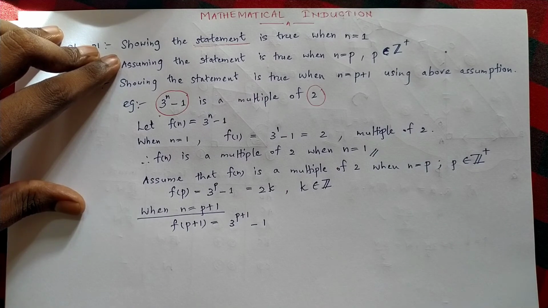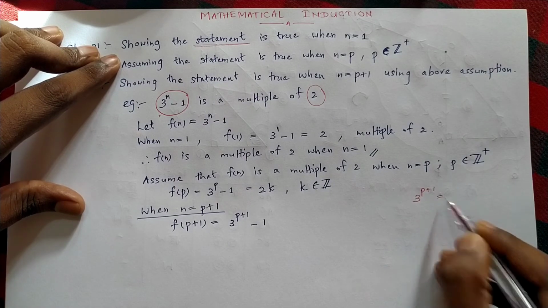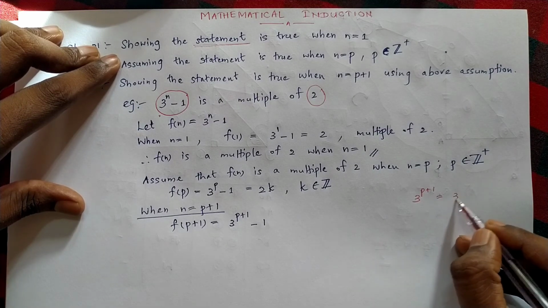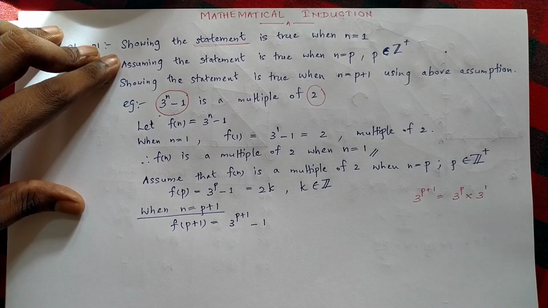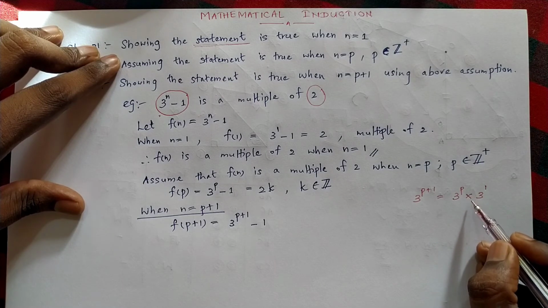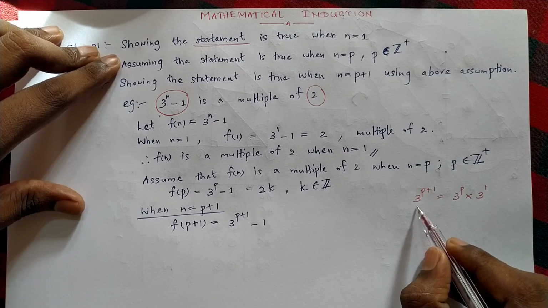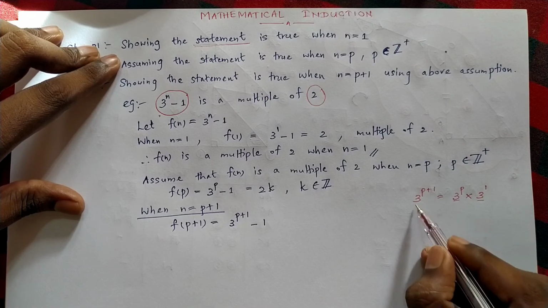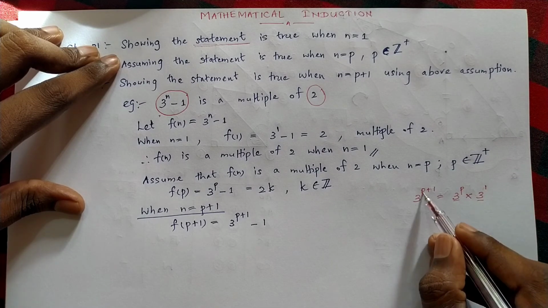Then what is the meaning of this 3 to the power p plus 1? That is 3 to the power p multiplied by 3 to the power 1. If you have these two powers to be multiplied, you know from a rule of indices, we can write this as same base 3 to the power sum of two indices, p plus 1.